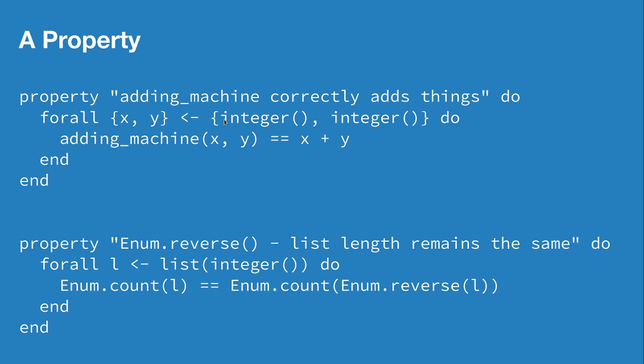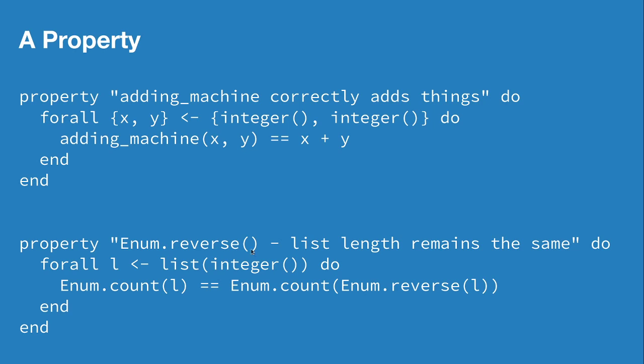In this case, we've got 2 integers. And then we run some sort of test on them, and that's got to return something like either true or false. Here, we're just simply testing that the adding machine, when it's given an X or a Y, that the result of it equals X plus Y. So that's a property. We're testing for a wide range of randomized input whether this thing that we've got is going to do the right thing.